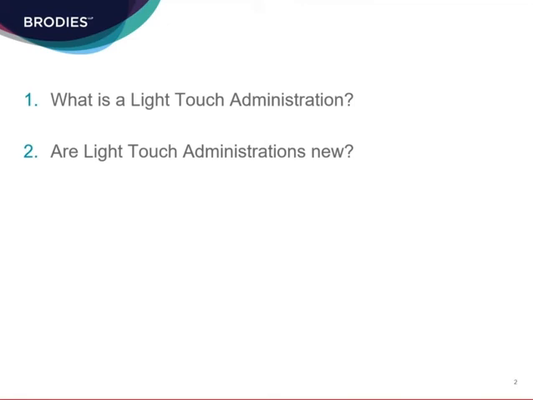The recent proposal that's hit the headlines in relation to light touch administrations has been prepared by Mark Phillips QC, who's a preeminent insolvency barrister and who's garnered the support of fellow insolvency professionals, as well as the London Lawyers Association and also the City of London Law Society.